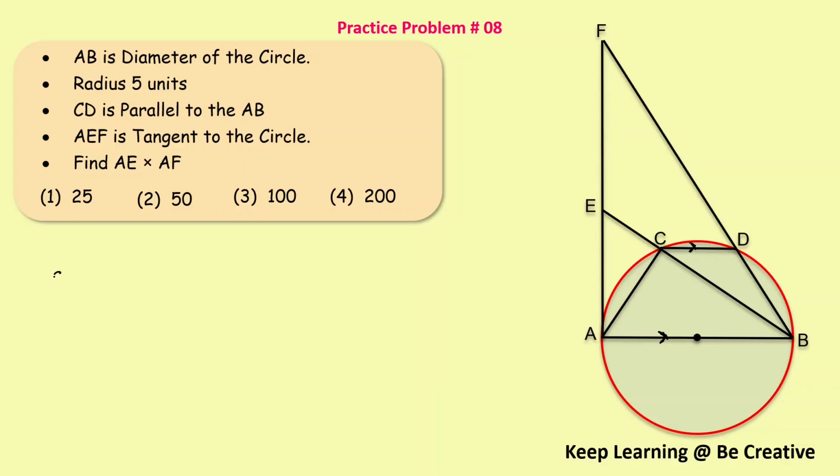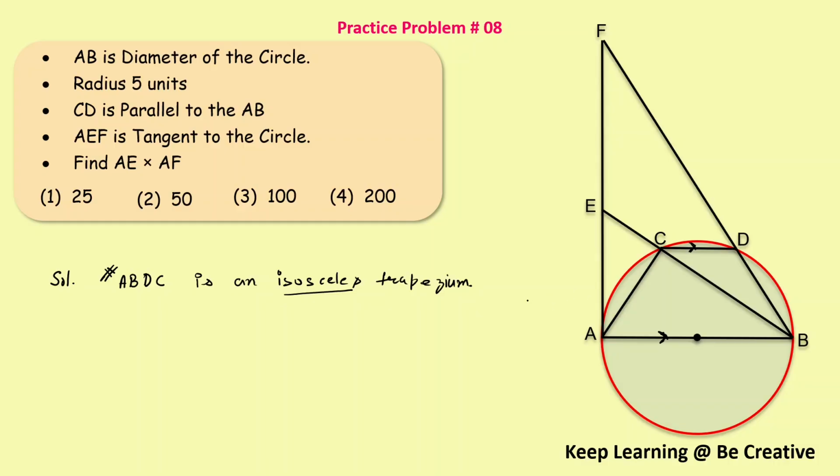Now since we have AB parallel to CD, I can say that ABDC is a trapezium, and it's not only a trapezium, it is a cyclic trapezium, so it will be isosceles. So ABCD is an isosceles trapezium. You must be knowing, if we have a trapezium which is cyclic, then it will be an isosceles trapezium.